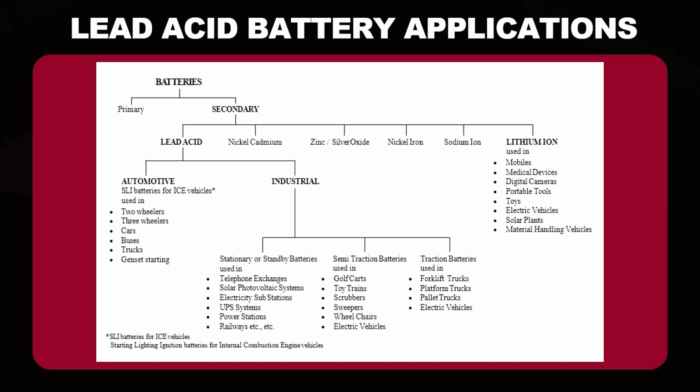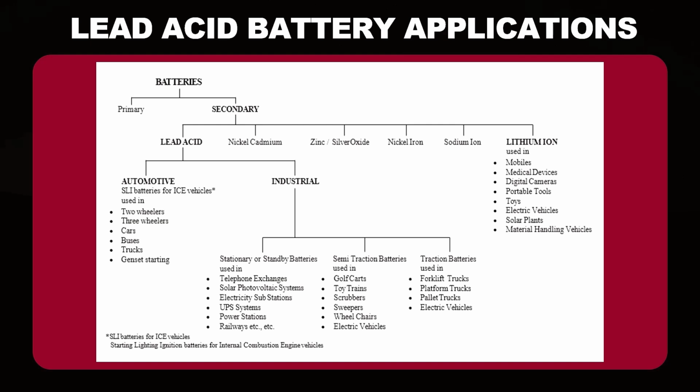Lithium ion batteries were initially used for small applications such as mobile phones, medical devices, digital cameras, portable tools, and toys. However, it was subsequently found that their main purpose and primary advantages emerged when they were used in electric vehicles.